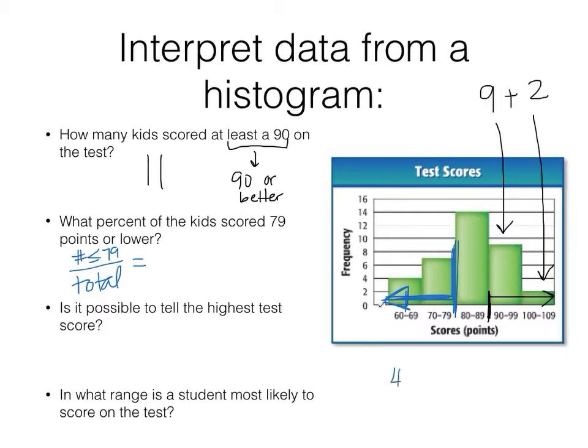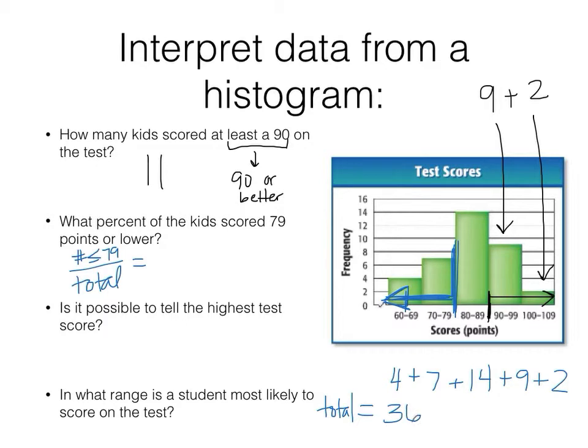We've got 4 plus 7, as you can see here, halfway between 6 and 8. Sorry, music came up a little loud there. Next category is 14. Next one we actually already found was 9 and then 2. So the total number of test scores on here is 4 and 7, that's 11. 11 and 14, that's 25. 25 and 9 is 34. 35, 36.